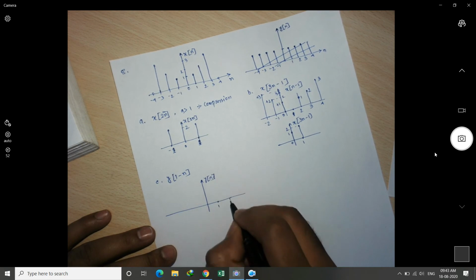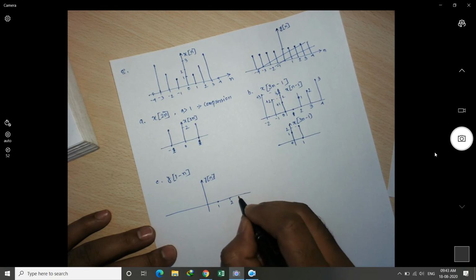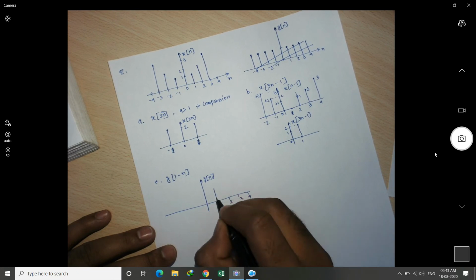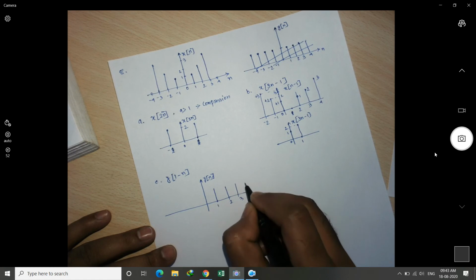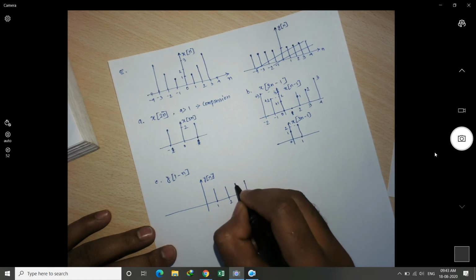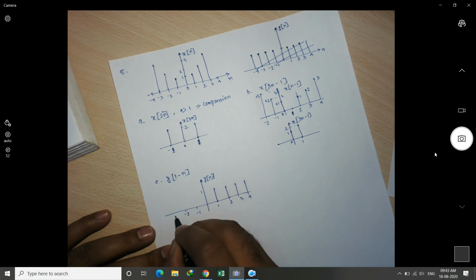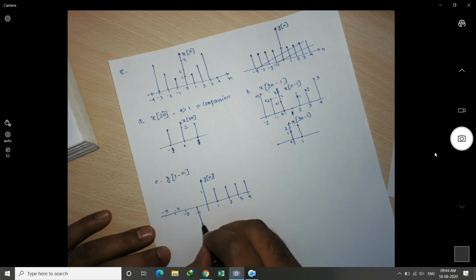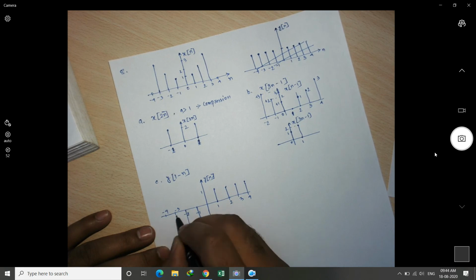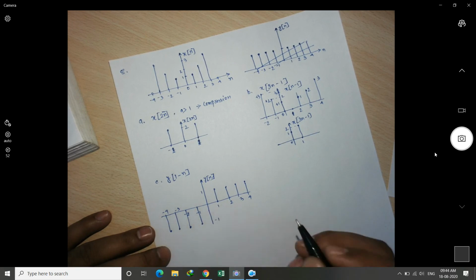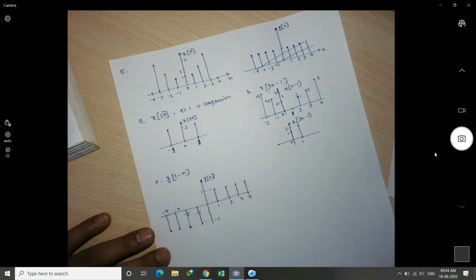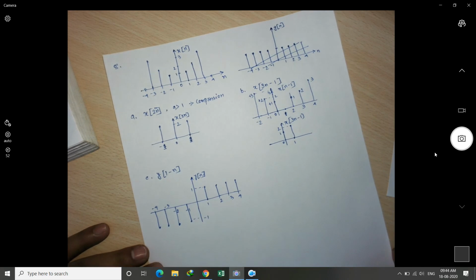This 1, 2, 3, 4, -1, -2, -3, -4. So these are the negative side. It's -1. So yn is like this. Okay.